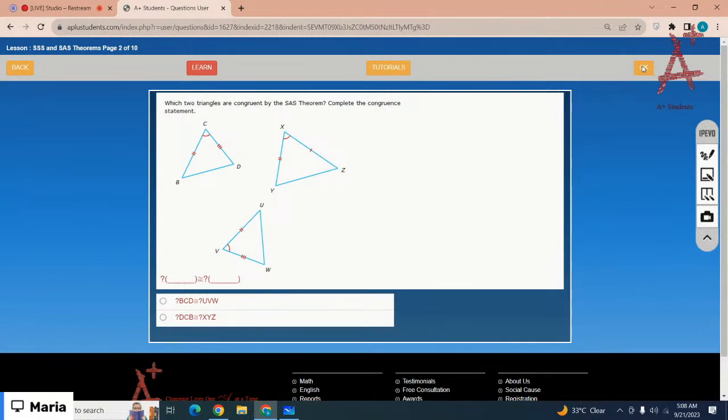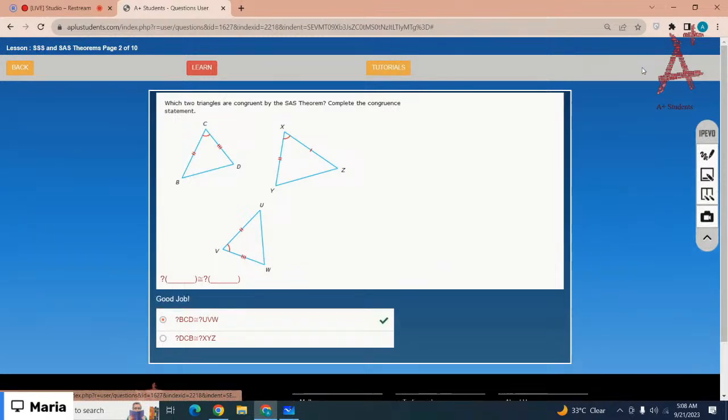BCD and UVW are congruent. You can see CB is congruent to UV, CD is congruent to VW, and angle C is congruent to angle V. So option number 1 is the correct option.